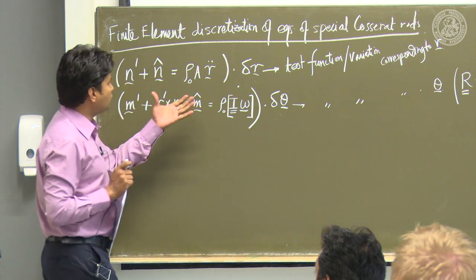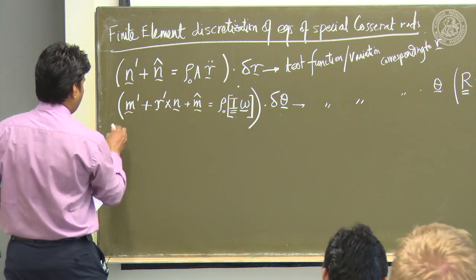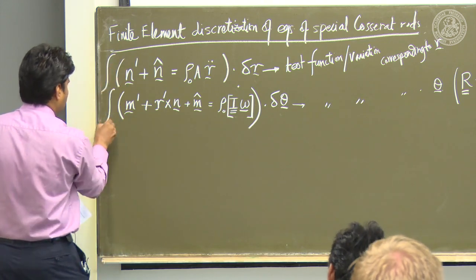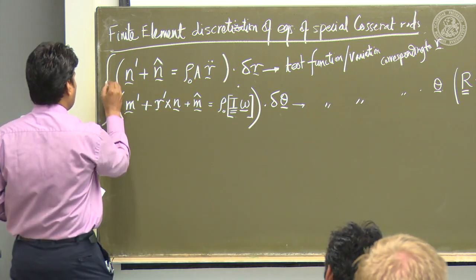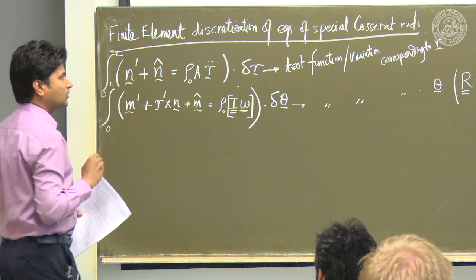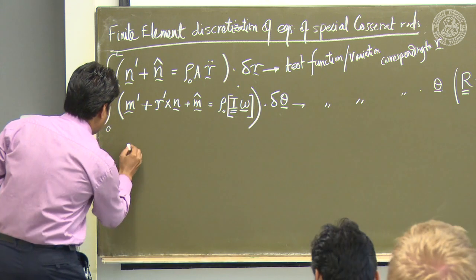All right. So once we dot it with the test function, and then we also do the integration over the length of the rod, so it goes from 0 to L, and this also goes from 0 to L. Okay, and then we write them together.